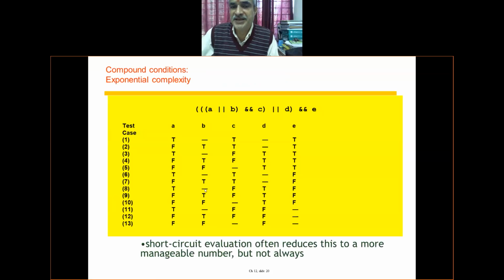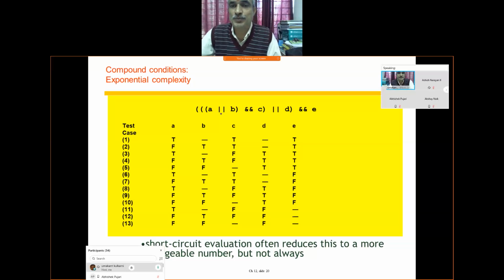Here is one you need to note down, and a similar kind of example may be given here. Find out the number of test cases required to test the following expression. Please note it down, snapshot it and put it in your in-class question bank.